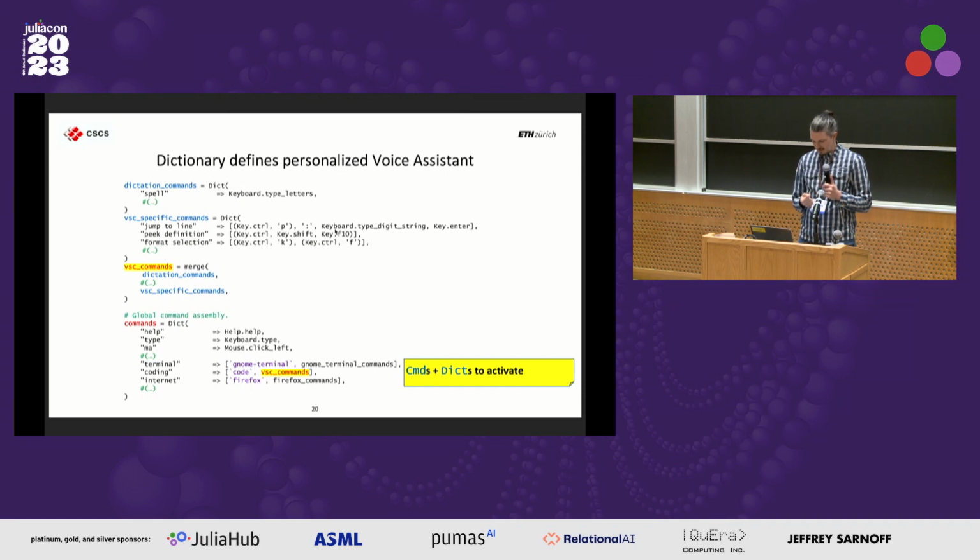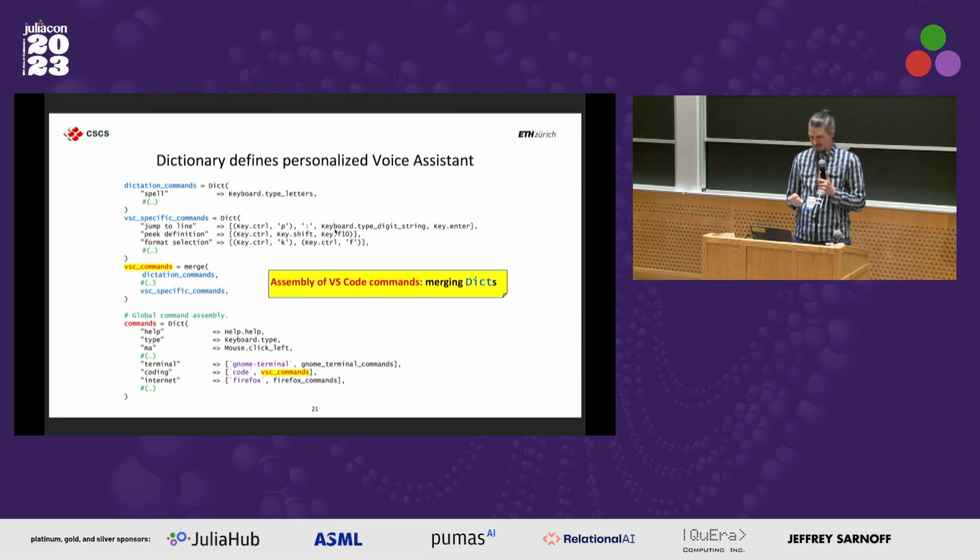And on the right, we would have a dictionary which would specify all the commands that will be automatically activated as soon as we start VS Code. Now above, you see this VS Code commands dictionary that is given there in the global assembly. It's just another dictionary, right?